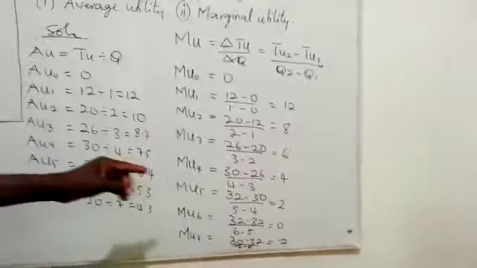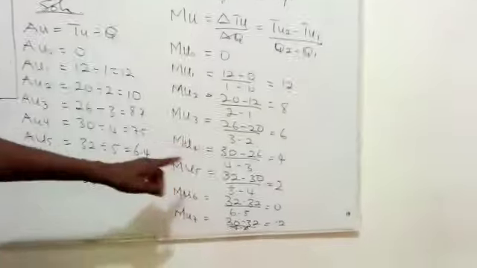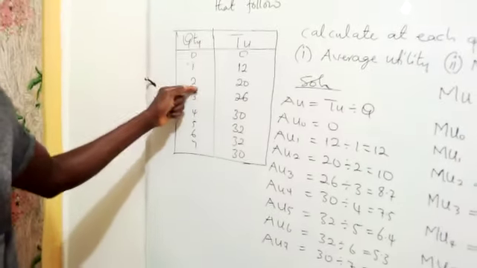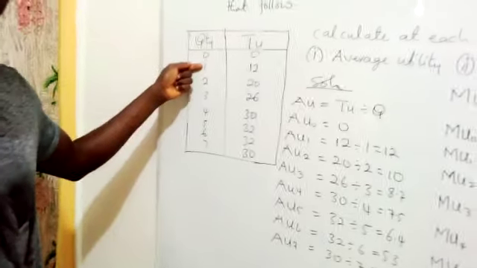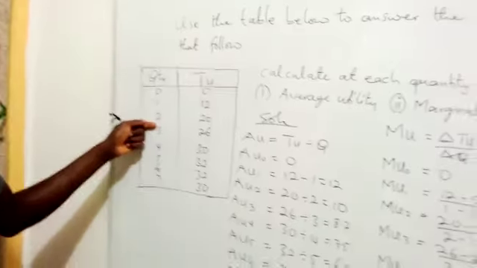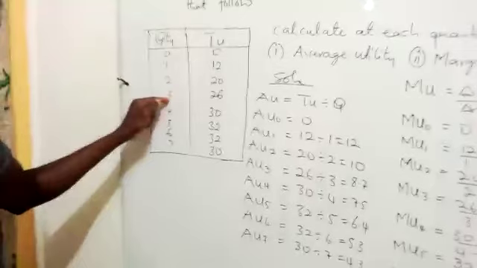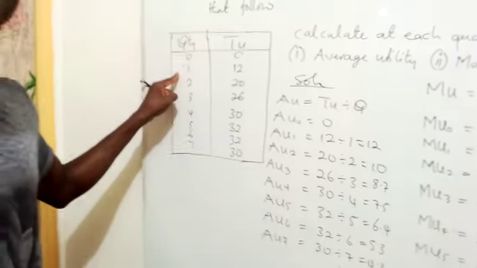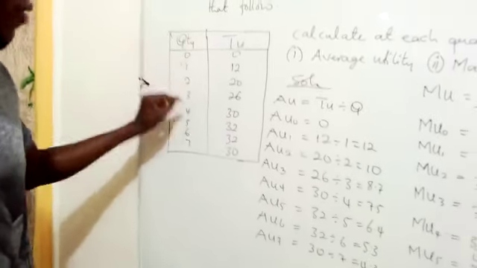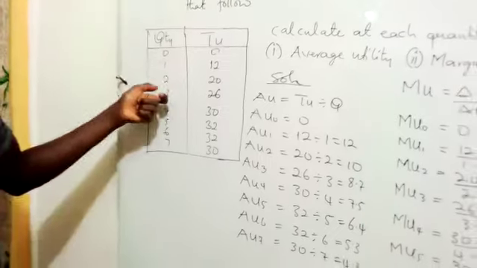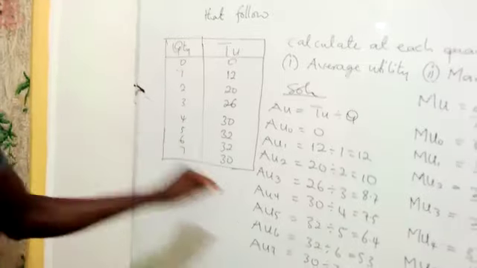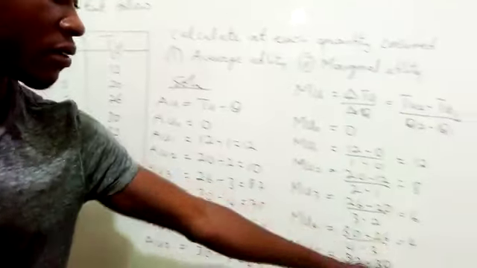Now what I want you to know is that when you move from 1 to 2, 1 becomes your previous, 2 becomes your new. When you move from 2 to 3, 3 becomes new, 2 becomes old. When you move from 3 to 4, 4 becomes new, 3 becomes old, in that order. And that is why we have the answers like this.